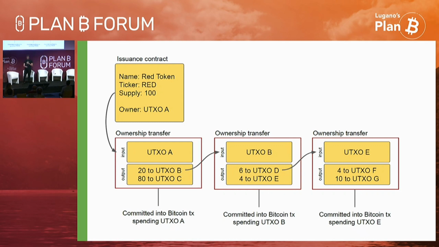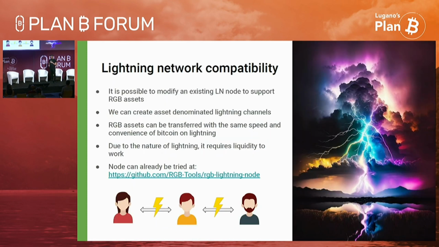At this point, the receiver can be sure that the transaction is finalized and that he will actually be able to spend the money in the future, and then he can do a similar transfer towards his next counterparty using the same mechanism.